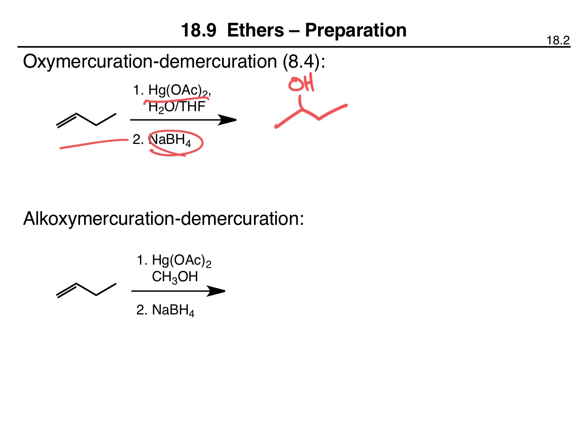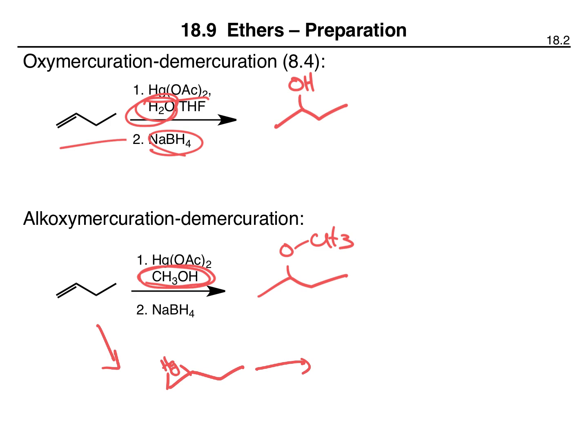Well, rather than carrying out this reaction in the presence of water, if we instead carried out this reaction in the presence of an alcohol, then this gives us a way to make an ether. This would again give us the mercurinium ion, where we've got this ring and this is still connected to the acetate.